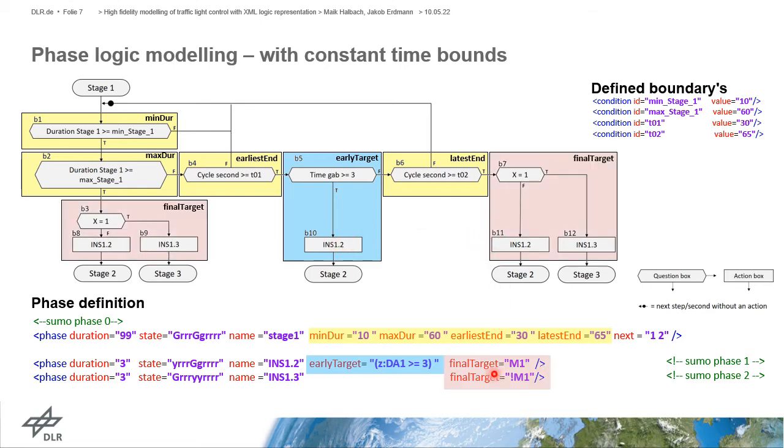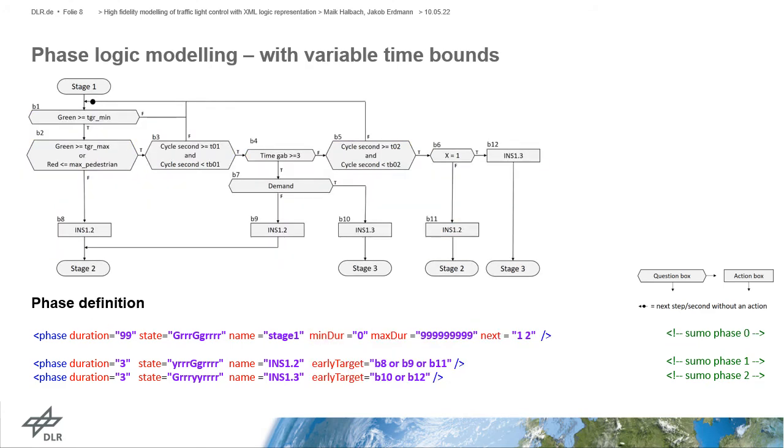And final target will be checked if one of the maximal time bounds is true, so max duration has to be true or latest end has to be true, and then the control will check if a defined path within the red area here, for example, is true and applies to an interstage action block. And then the concerned interstage will be operated as the following phase. So this will be one way to model a phase logic.